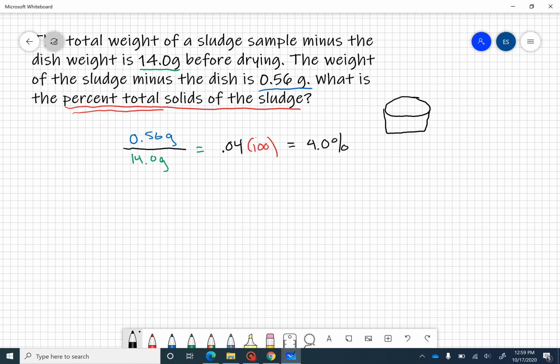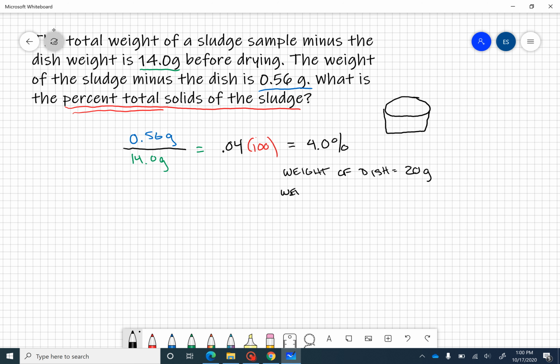Now, I'm not sure how this problem is going to be presented on an exam, but in the lab, as I mentioned, the first thing that we have to do is weigh the dish. So you may see a problem that looks like this. The weight of the dish by itself is 20 grams.